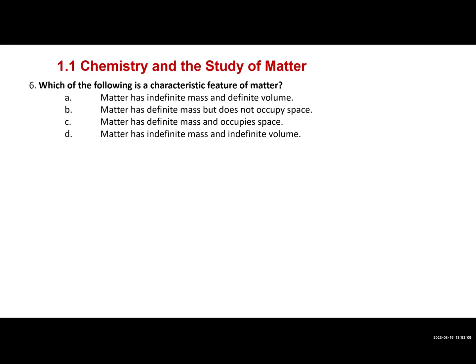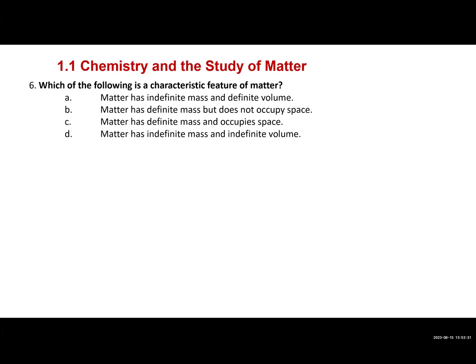Oh, okay. So matter has definite mass, but does not occupy space. So is B right? It has definite mass, but it has a space. The second clause is wrong in the B.